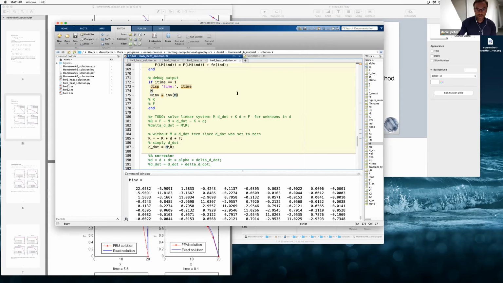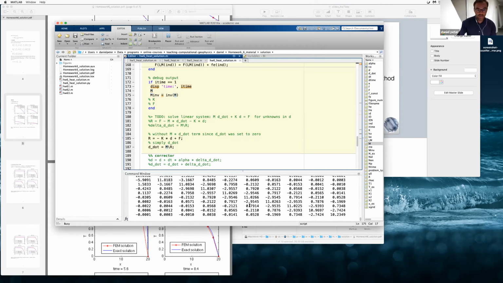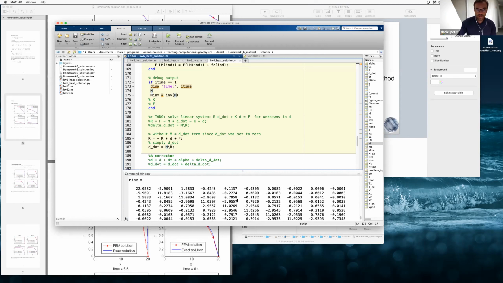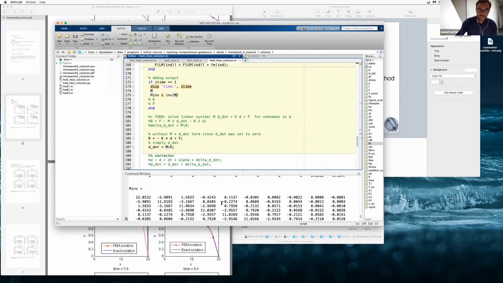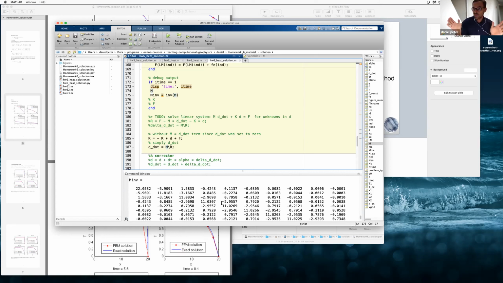Okay, the figure again. Do you see that? On top we have the mass matrix, which is this banded matrix. And now we invert it because we need that for the time stepping. The inverted matrix is usually a full matrix.